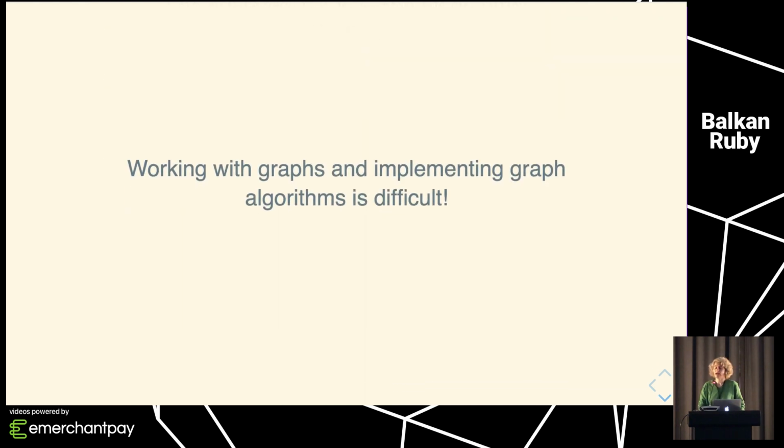The problem is that it's very difficult to implement graph algorithms and to find the optimal solution for the graph structure that you have. And there are a lot of frameworks that recently appeared that can be used for solving these kinds of problems.